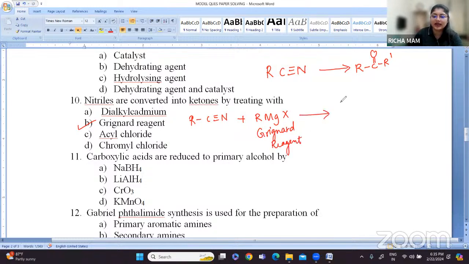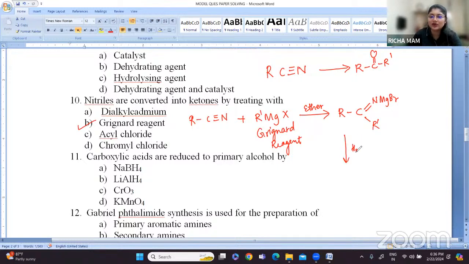The reaction with Grignard reagent takes place in the presence of ether. So what will it form? It will form RC double bond N MgBr, and here will be R dash, so that it will be easy to understand.